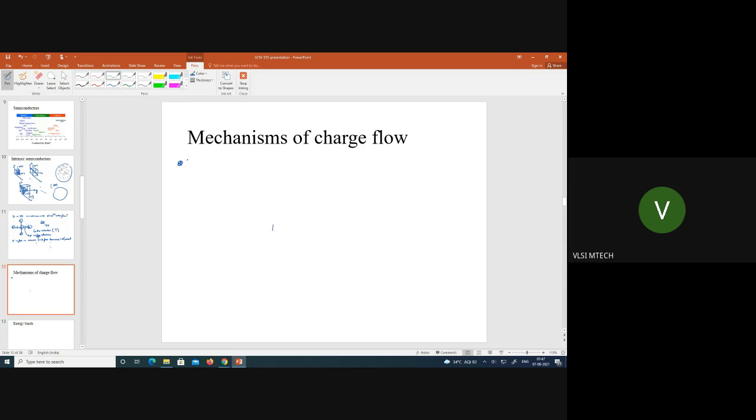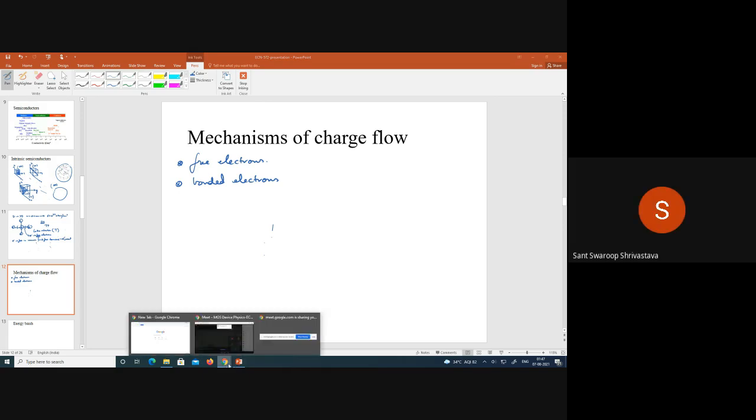What I'm talking about here is that the first mechanism of charge flow is through free electrons that we just discussed. The other mechanism of charge flow is through bonded electrons. Now tell me, how can charge flow through bonded electrons? Anyone?